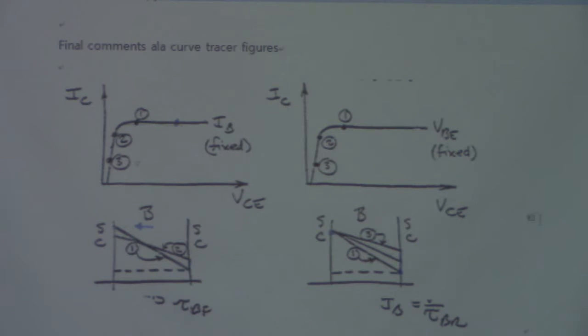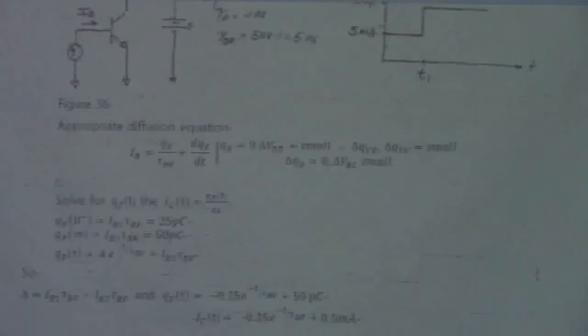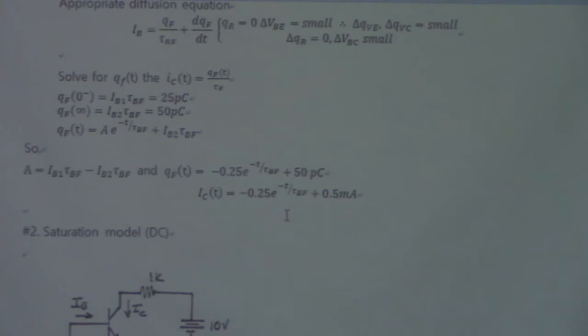That's what happens physically. Okay, and then the example shown here is the actual calculation of how we can derive the delay time. With this example, you can have an idea of how we can calculate the delay time.